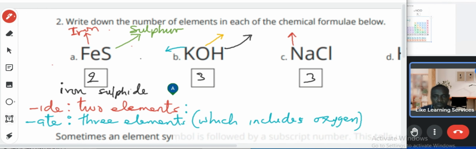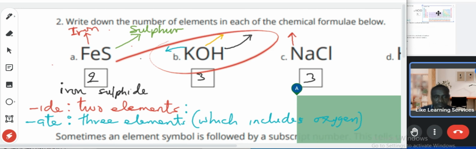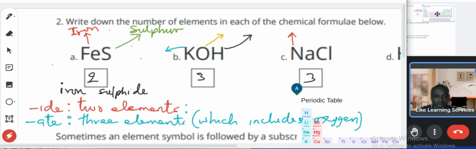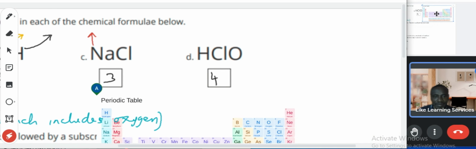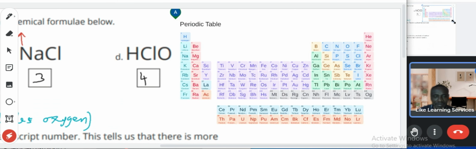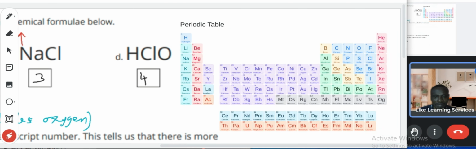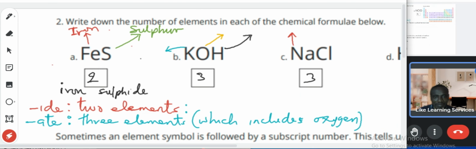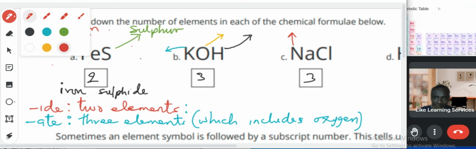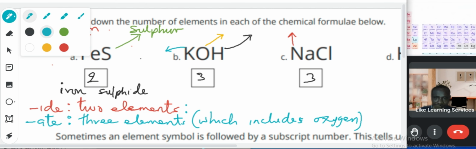All right. So, are you ready now? Okay, you want to add the periodic table? Interesting. That's cool. Beautiful. Okay, so what does K stand for? Potassium. Yeah, K is potassium.